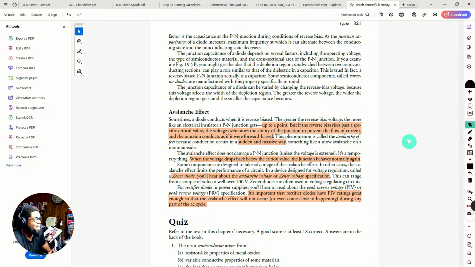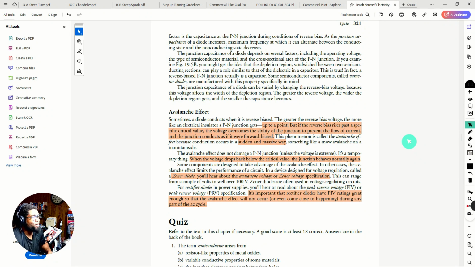In other cases, the avalanche effect limits the performance of a circuit. In a device designed for voltage regulation, called a Zener diode, we'll hear about the avalanche voltage or the Zener voltage specification.